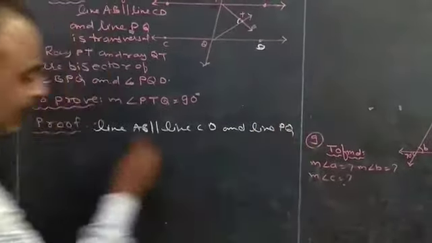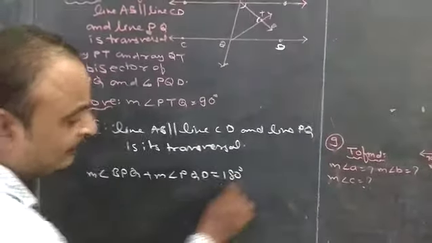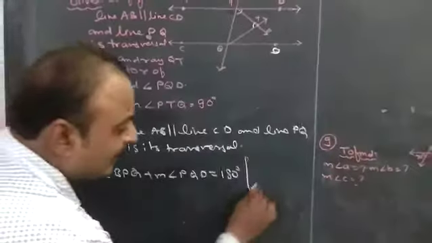Now, if these two lines are parallel and this line is a transversal, then angle BPQ and angle PQD both form interior angles, and the sum of the interior angles is always supplementary. Therefore, measure angle BPQ plus measure angle PQD is equal to 180. What is the reason here? Interior angles. So write down here interior angles.